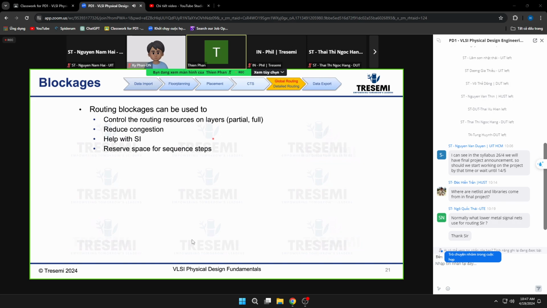If you look at a certain area and say, if the router comes in through this channel, it's not going to be able to get out, so we add routing blockers to limit the number of routing resources for the channel. The idea is you're helping the tool shift the routing somewhere else, to even out the congestion, right? And it's good for SI, right?